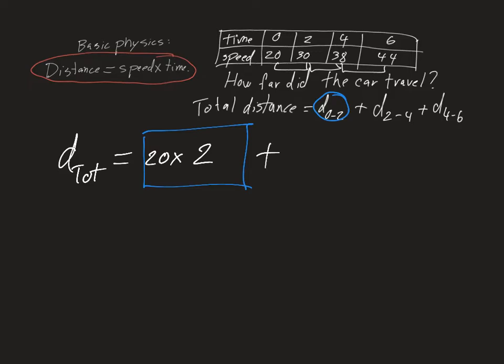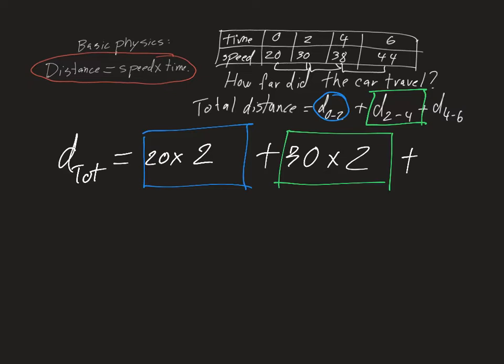And to this we're going to then add our estimation of the distance traveled between the second and fourth second, which is going to be 30 times, again, 2 seconds have elapsed. And then to this we are going to add, finally, last but not least, our calculation for the distance traveled between 4 and 6 seconds, which is going to be 38 times, again, 2 seconds, which have elapsed.